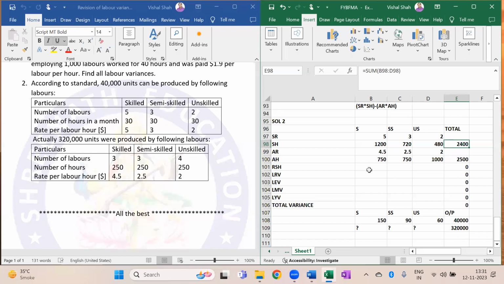See, the total does not match. TSH is 2,400 and TAH is 2,500. We need to find RSH. The formula for RSH is SH upon TSH into TAH.